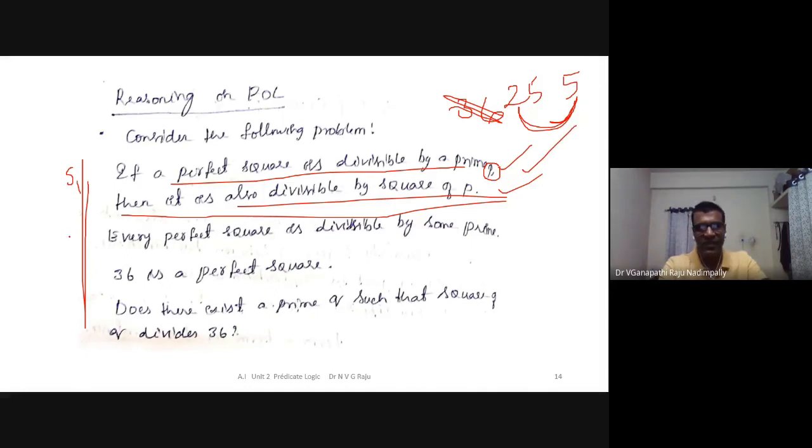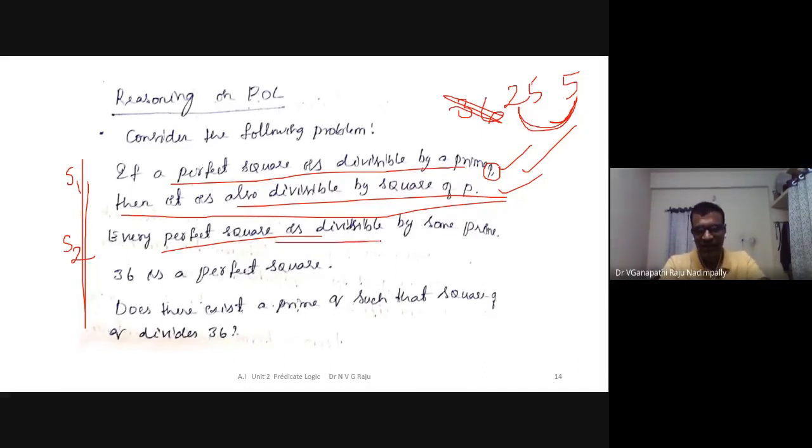Now, the second statement S2, observe carefully, this is not so simple. Every perfect square is divisible by some prime. He is saying that every perfect square, that means you can apply any perfect square. It can be 49, 64, 144, it can be 1, and so on.